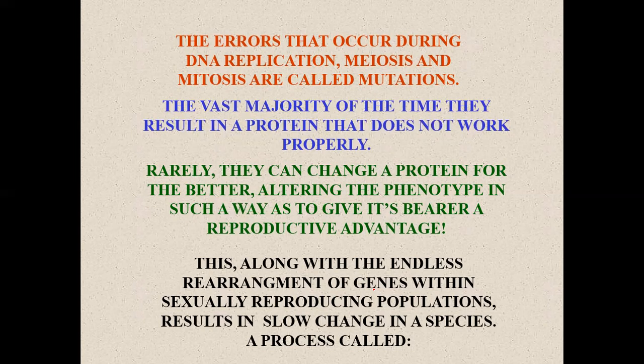In other words, if you're an animal and you have, let's say, light colored fur, and there was a mutation in your DNA, a substitution mutation or a frame shift mutation or some sort of an addition or deletion of a base on the DNA when the DNA replicated, and it created a protein that's a little different than for the color of your fur that it was supposed to be, and you end up being a little darker as a child because you're born with that mutation from your parents.